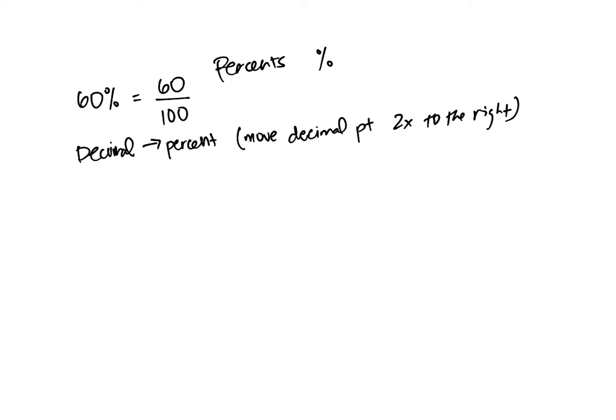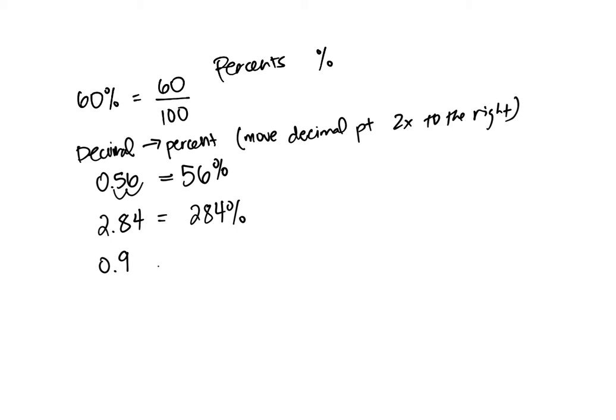If I had 0.56 and I want to convert it to a percentage, move that decimal point 2 times to the right, 56%. 2.84, 2 times to the right would be 284%. 0.9, it would still go 2 times to the right, even though there's nothing there. I would just fill in that 0, so it's going to be 90%.